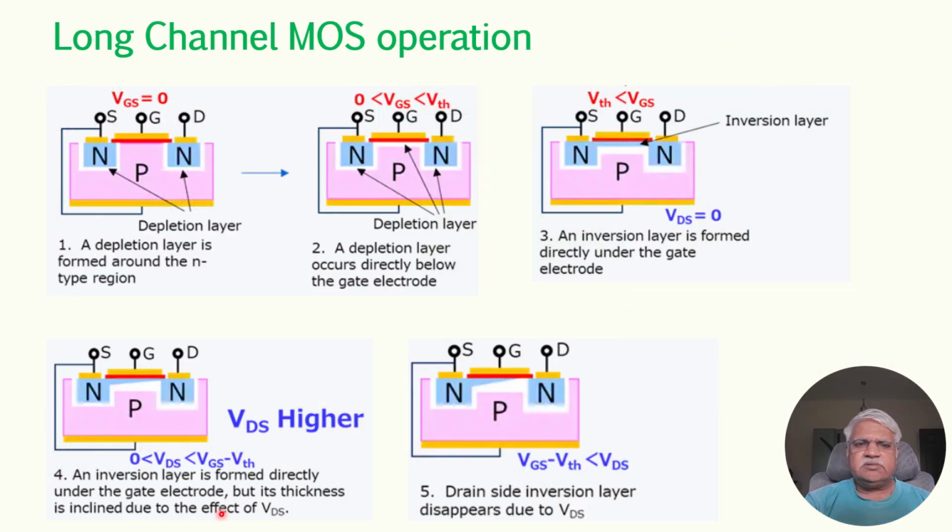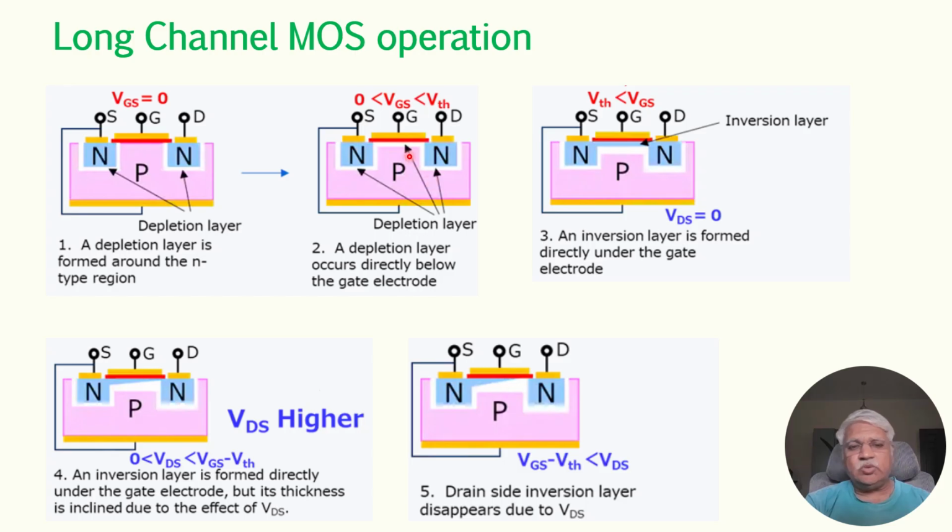In this slide, the long channel MOS operation in different conditions is shown. If you observe, there is no channel formed because VG is equal to 0, and here also it is slightly greater than 0 but still less than the threshold voltage, so there is no noticeable channel.